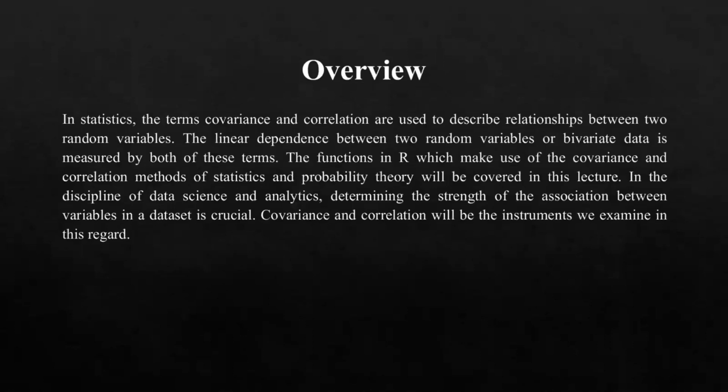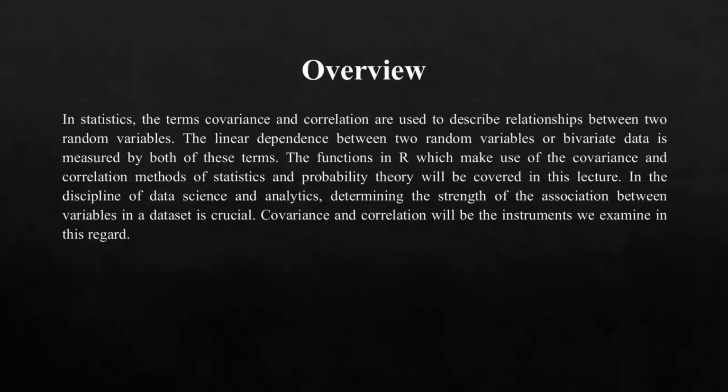In statistics, the terms covariance and correlation are used to describe relationships between two random variables. The linear dependence between two random variables or bivariate data is measured by both of these terms. The functions in R which make use of the covariance and correlation methods of statistics and probability theory will be covered in this lecture.